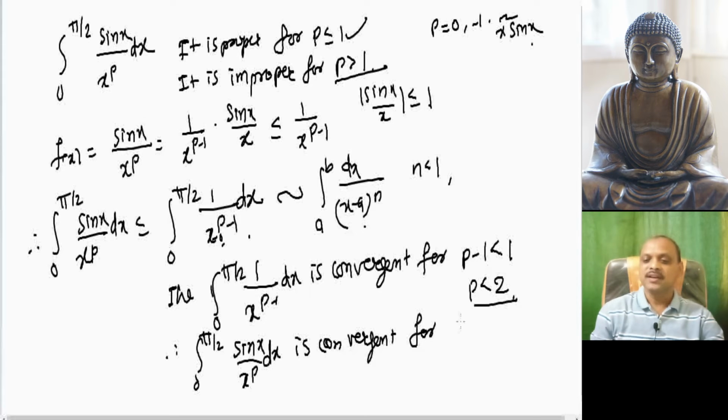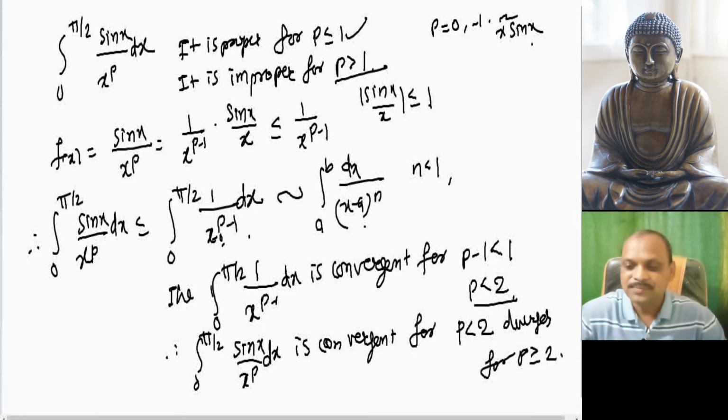So it converges for p less than 2 and diverges for p greater than or equal to 2. So this is about the useful comparison test.